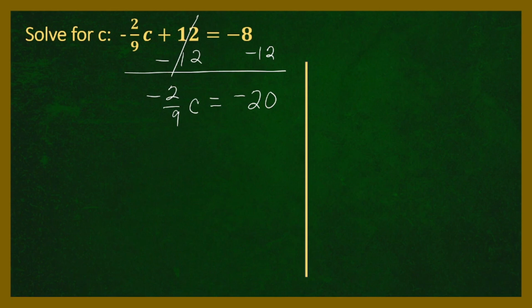Now we're going to solve for c, but first we need to get rid of our coefficient, and we do that by multiplying the coefficient, which is negative 2/9, by its inverse, which is negative 9/2.